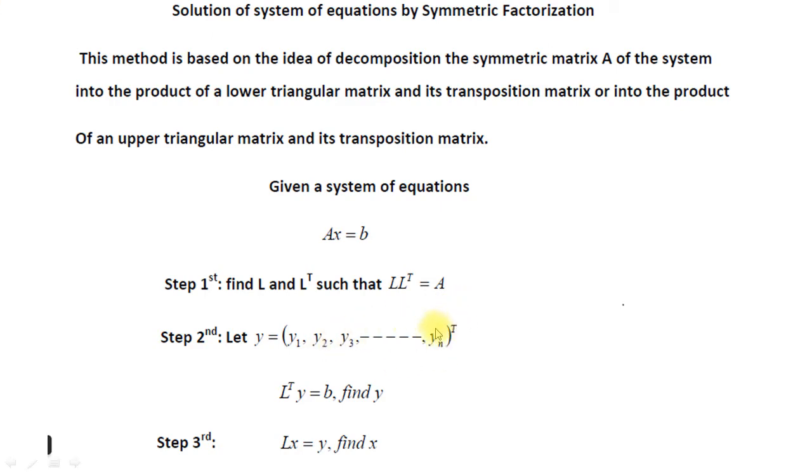So we need the column matrix Y, which has the unknowns Y1, Y2, Y3 up to Yn, and use L transpose into Y matrix is equal to B. So from this step we can find the column matrix Y. And now use the column matrix Y and the lower triangular matrix L and find the unknown matrix X by using this equation Lx = Y.